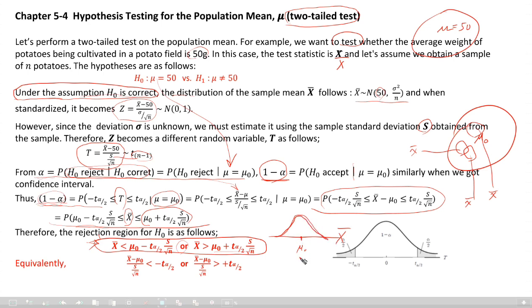The mean. Then if the sample mean here is mu 0 minus t alpha over 2 times s over square root n, and this value is less than that, then you may reject H0, even though this sample mean is from the population with mean mu 0.